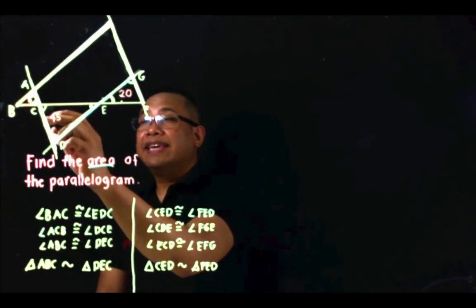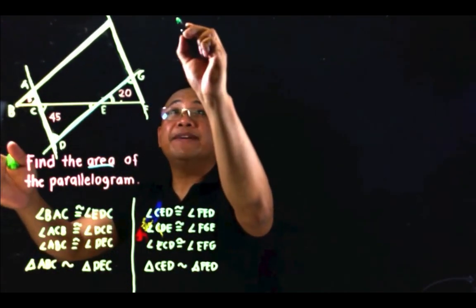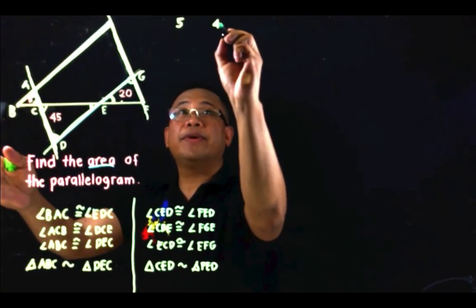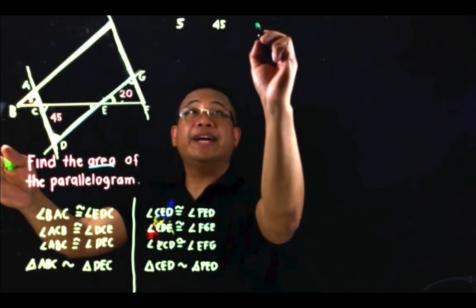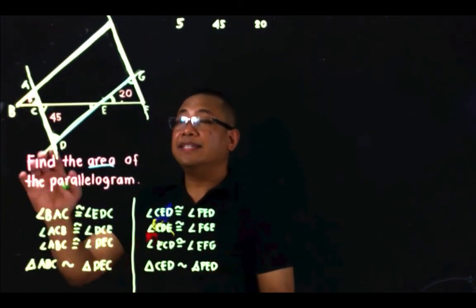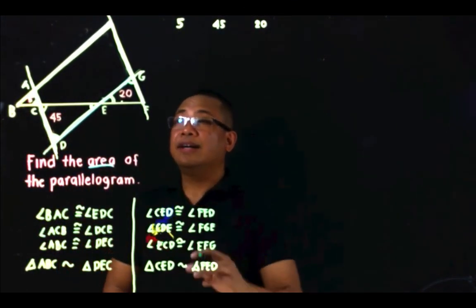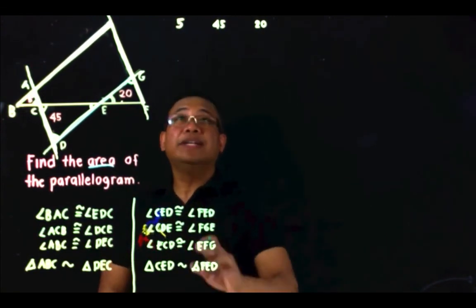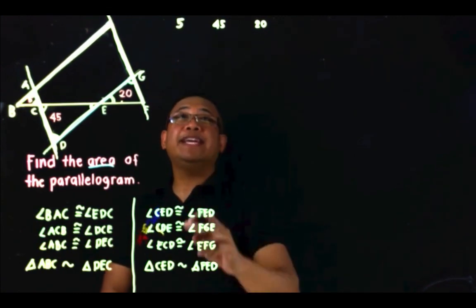Let's look at the given areas. We have an area of 5 square units, an area of 45 square units, and an area of 20 square units. Since these three triangles are similar, these areas must be proportional. Notice that there is a common factor here of 5.